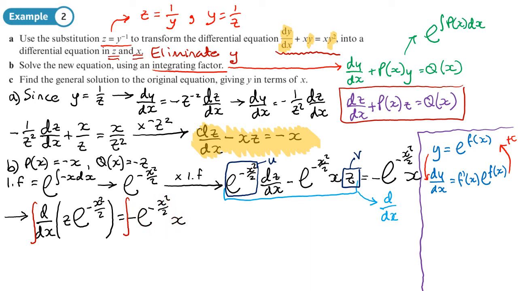Yeah, so let me write down some notes to show you what I mean. So if I had y equals e to the minus x squared over 2, and I differentiated it, then my f of x is this part. So if I differentiate that, well, it's like minus 2x over 2.